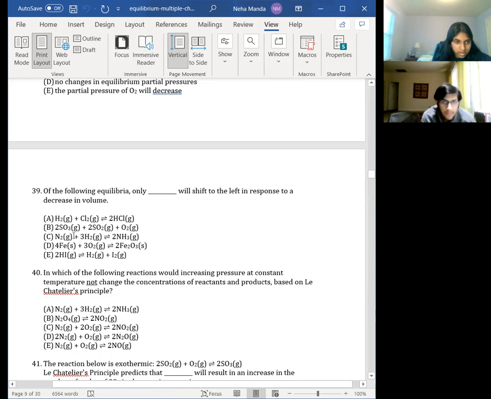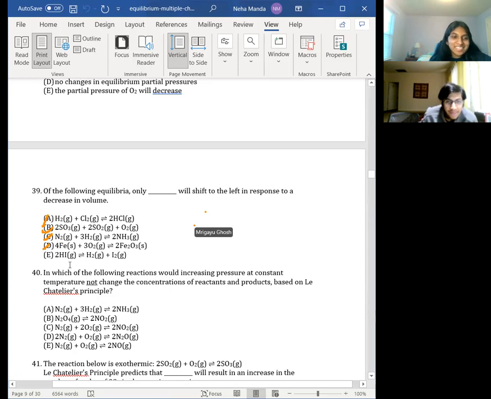Here there's 4 on the left, 2 on the right, so that's wrong because we want fewer on the left. This one has 3 on the left, 0 on the right. I wasn't tricked this time. Yeah, I wasn't tricked this time either.